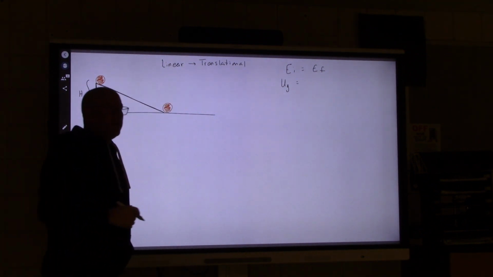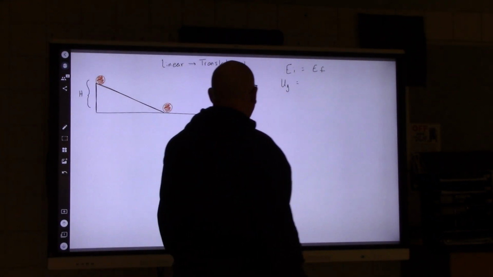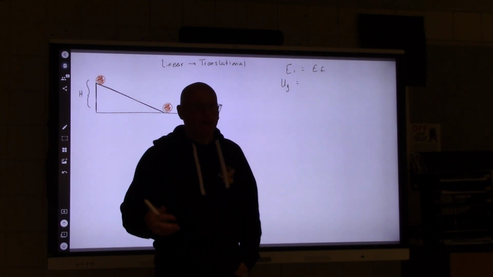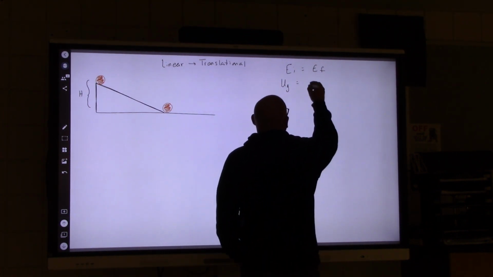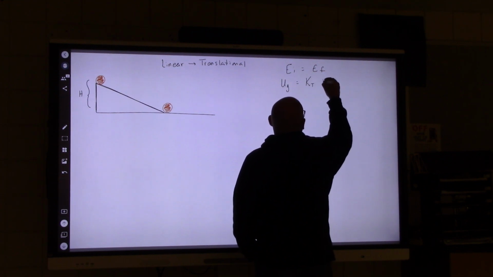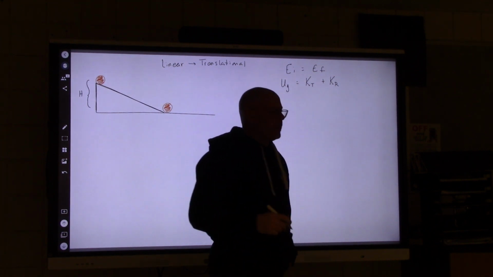The linear type is called translational kinetic energy. And we also have rotational kinetic energy. So when I write this, I'm going to write that I have both translational kinetic energy plus rotational kinetic energy.